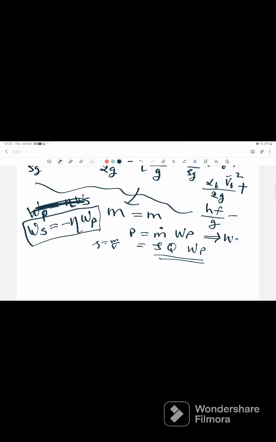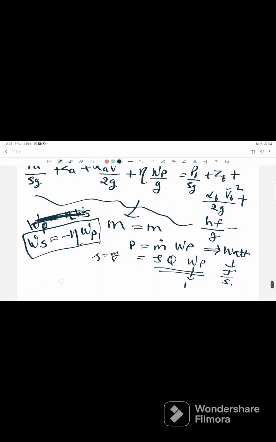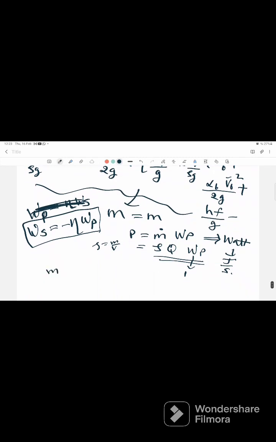It comes out to be watt, okay, watt joule per second. Per second square, this comes out to be meter.